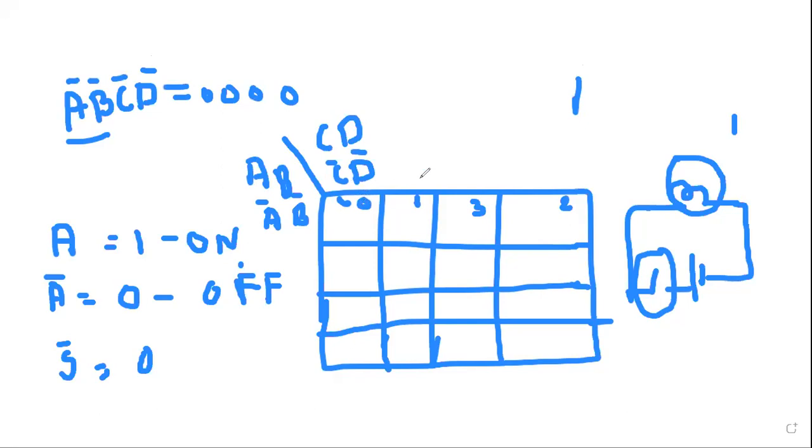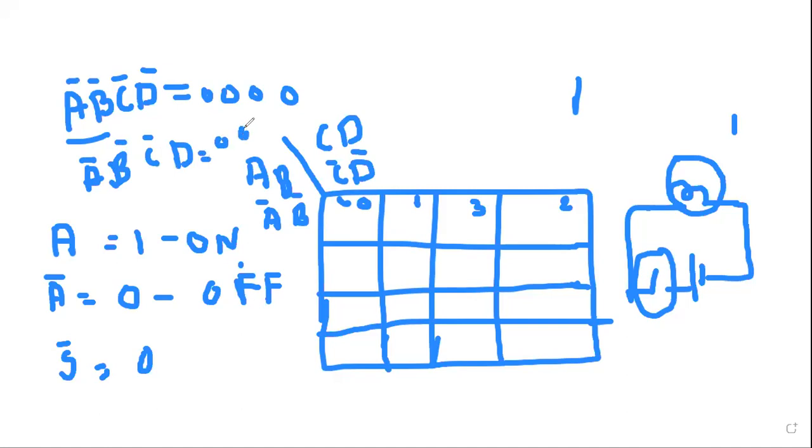Understood? Now, if I am talking about this one, what is the value of this term? How can you represent this? So basically, you have to see the value if I am taking this as B, C, and D, and I am making A bar, B bar, C bar, and D. What does it indicate?